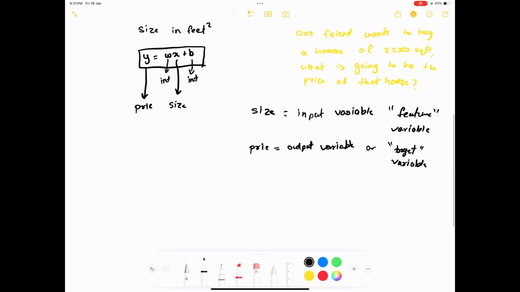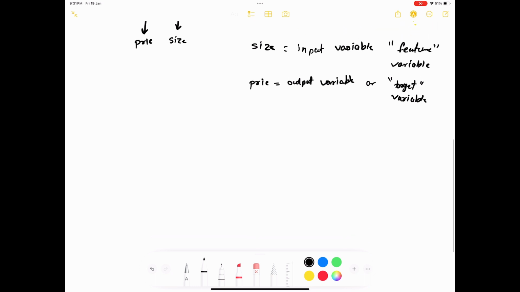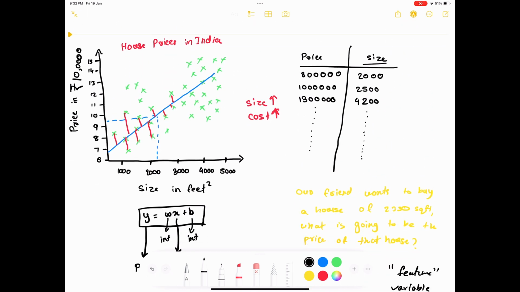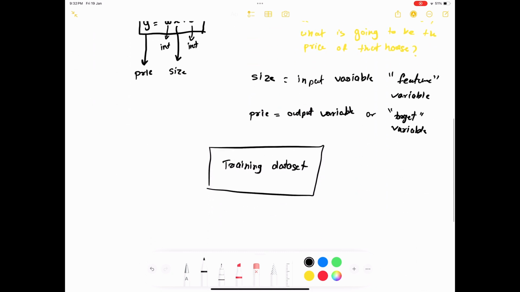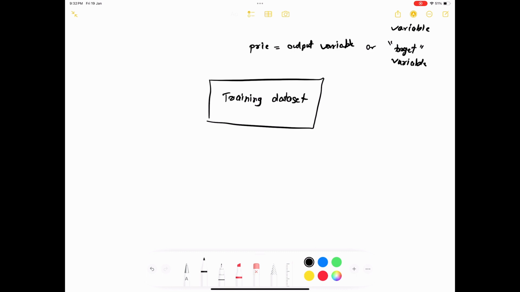Essentially, when we are training our regression model, the way it will work is we'll get some kind of training data set. In this case, this is our training data set, which contains the sizes of the houses as well as the corresponding prices of these houses, and we're going to train our model on this data set.